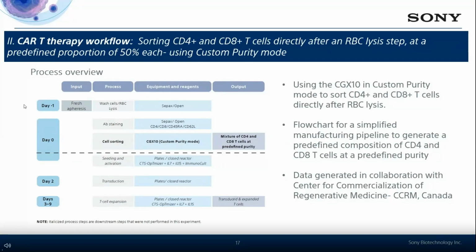And then the system is run using the custom purity mode and running a protocol to produce a 1-to-1 mixture of CD4 and CD8 T cells. After the sorting, the cells are seeded, activated, and expanded for 7 days. And this is data that was generated in collaboration with the Center for Commercialization of Regenerative Medicine, CCRM, in Canada.